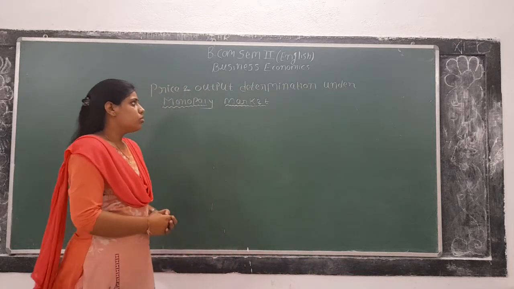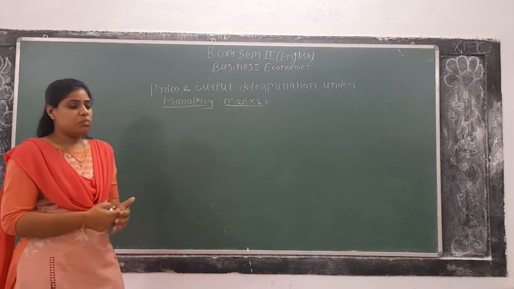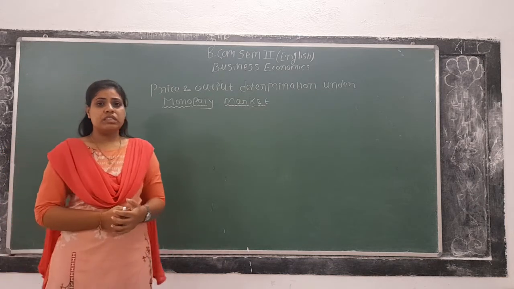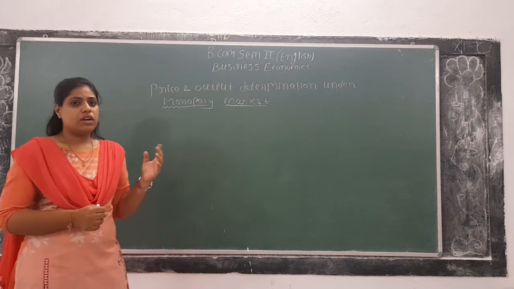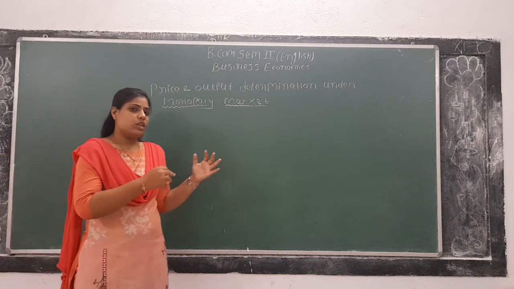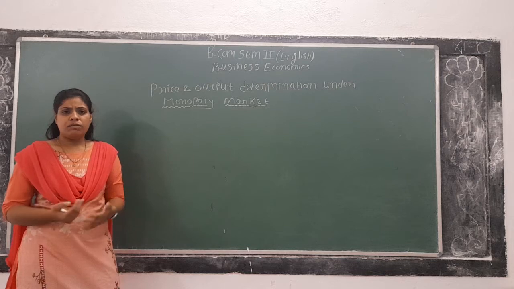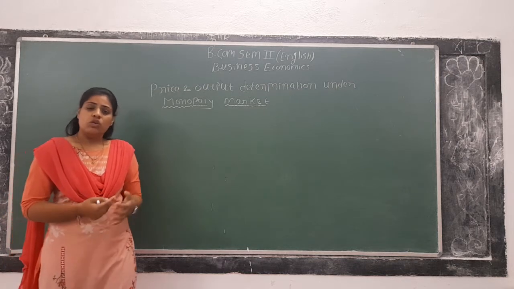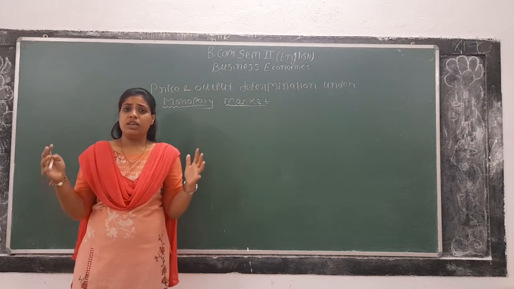This lecture is for the BCom second semester, subject Business Economics. Here we were dealing with the second topic under our second unit, that is price and output determination under the monopoly market. In the last lecture we have seen the meaning of the monopoly market and its features, for a better understanding of what the monopoly market is.